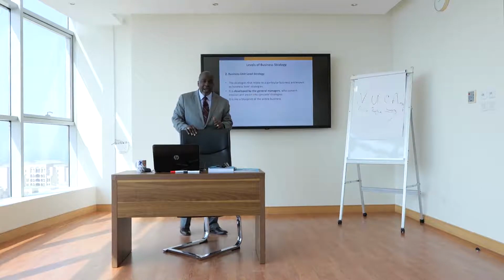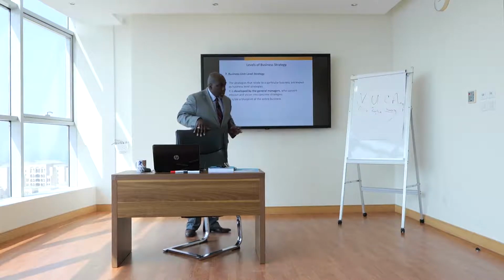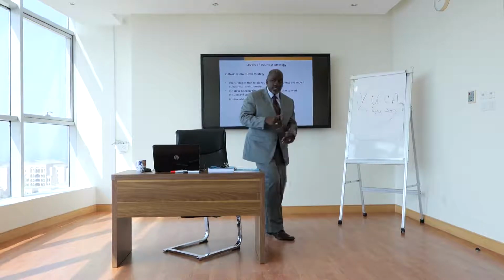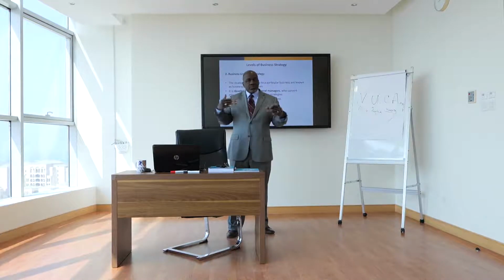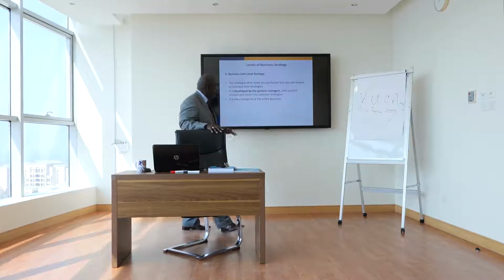They make their own strategy. Their strategy should be directly linked to the corporate strategy. There should not be misalignment. The corporate is going this way and the business is going this way. Mushkila kabir, big problem, a misalignment there.